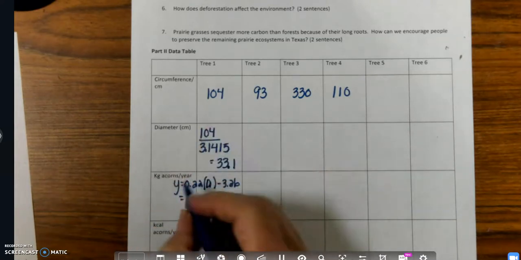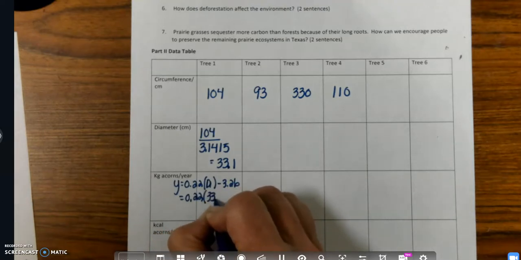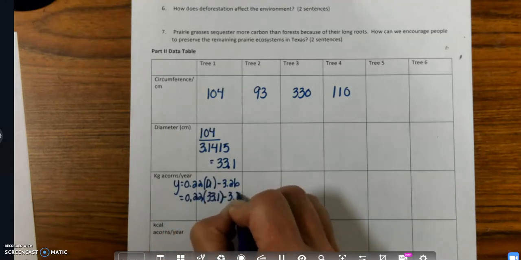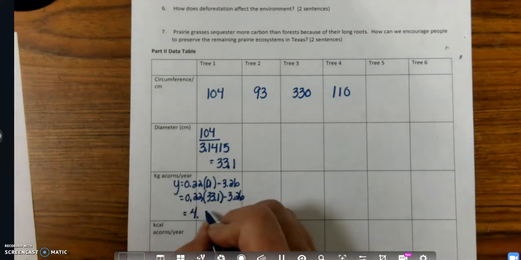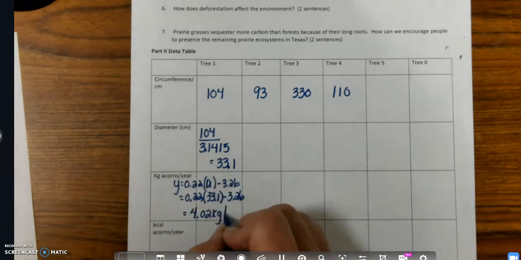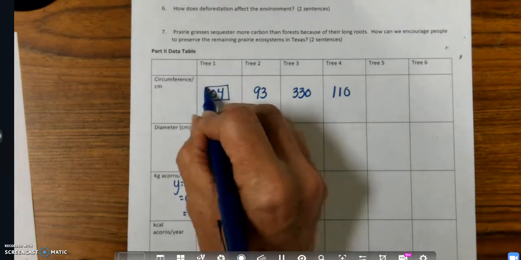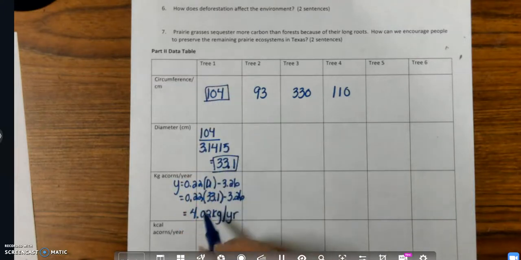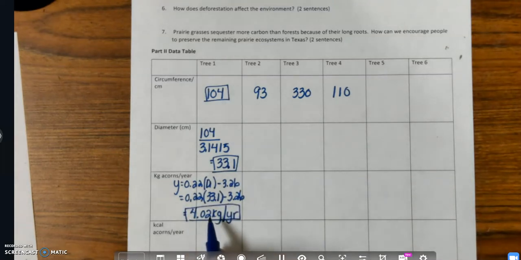In the case of this tree, 0.22 times 33.1 minus 3.26, and that turns out to be 4.02 kilograms. And if you notice, this is per year. This calculation is done. I'm going to go ahead and box my answers too. Hope you do that too so I can see it. This is how many kilograms of acorns this size of tree will produce in a year.